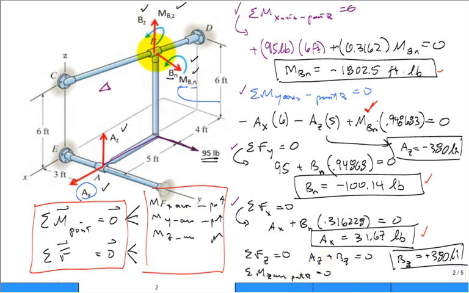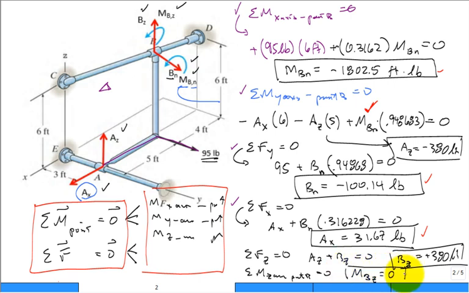What we find is that we solve for the moment, and I'm trying to think about this for a minute. The AZ, BZ, well, it's going to give you an equation, and you get that the reaction moment at point B around the Z-axis is 0.